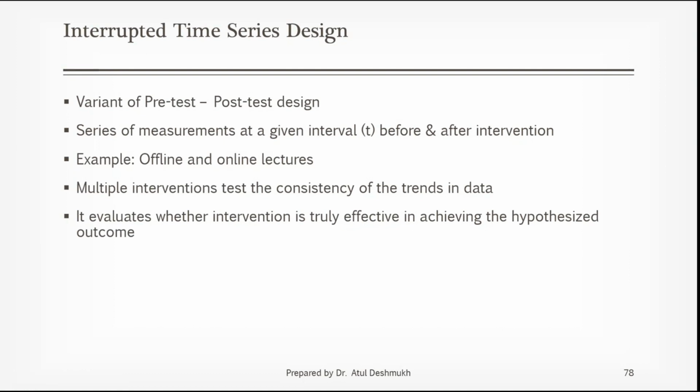Like she just gave an example. She had 3 intervals: interval 1, interval 2, and interval 3. She compared A with B, B with C, and A with C. So multiple comparisons were collected at interval t, before and after intervention. So she had collected before intervention, during intervention, and after intervention, and all those things are collected. So it's an example of interrupted time series design.